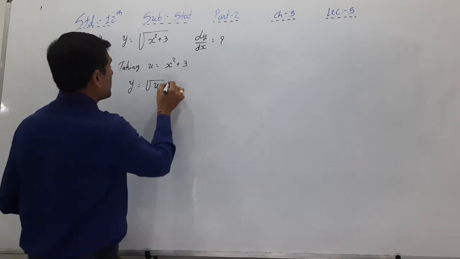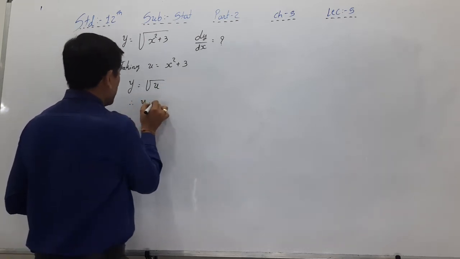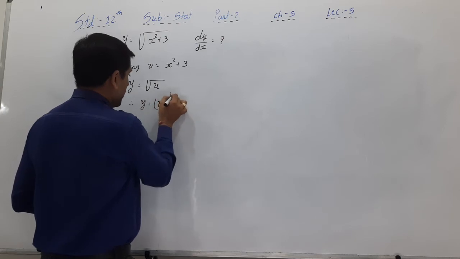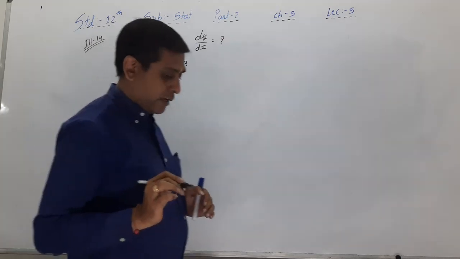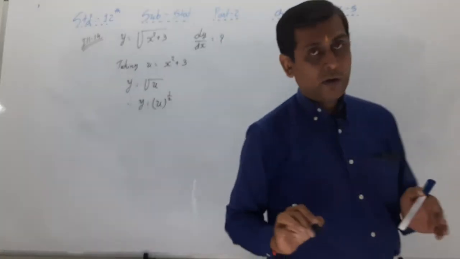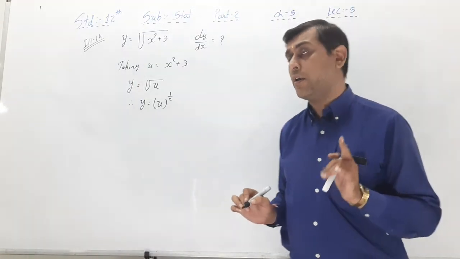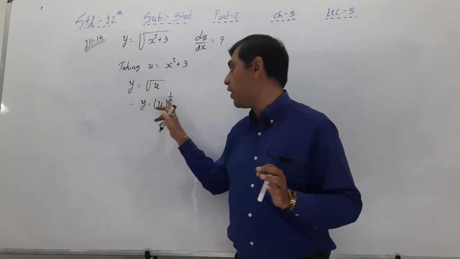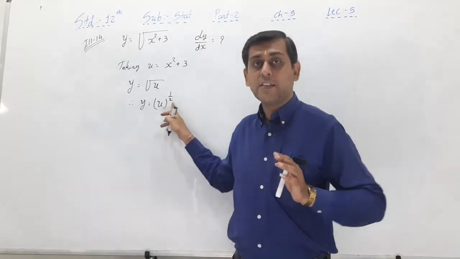So therefore y is equal to u raised to 1 by 2. I told you in my third or fourth lecture that whenever we have a square root, we have to write 1 by 2 as a power.